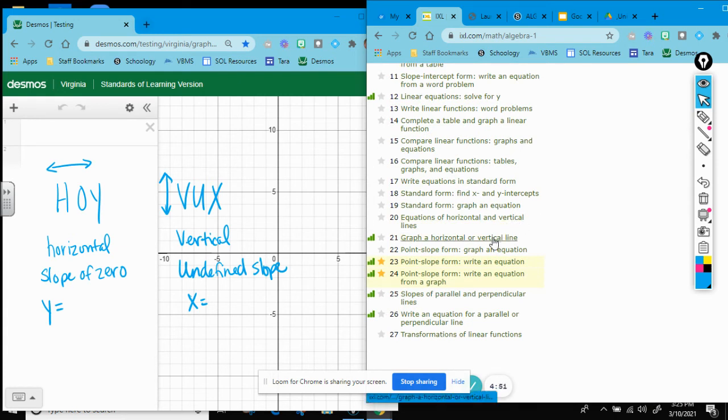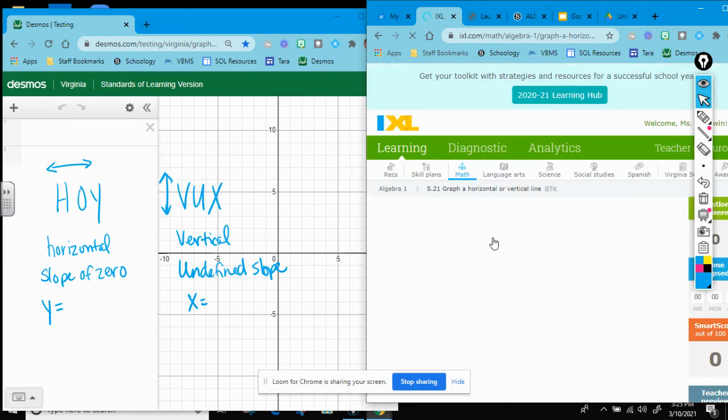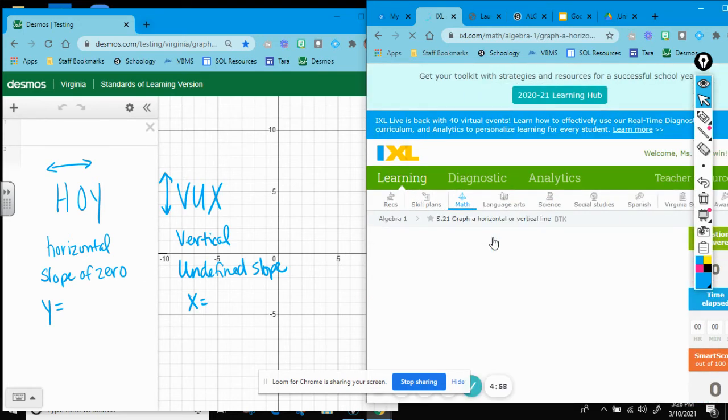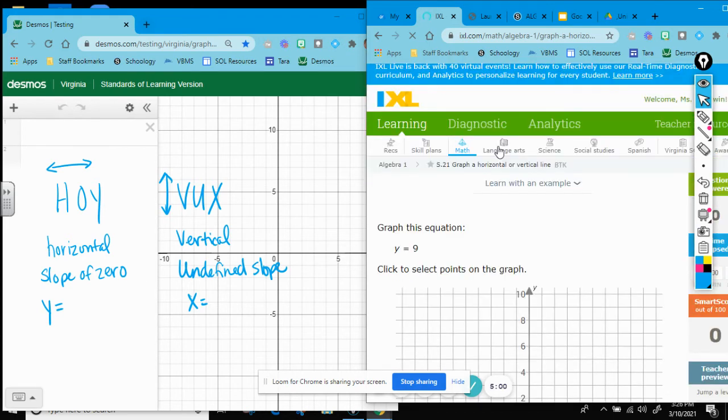Okay, so now you're going to graph it. Let's do some of these types of examples. Pretty simple concept, but you can get confused if you don't know what you're doing.